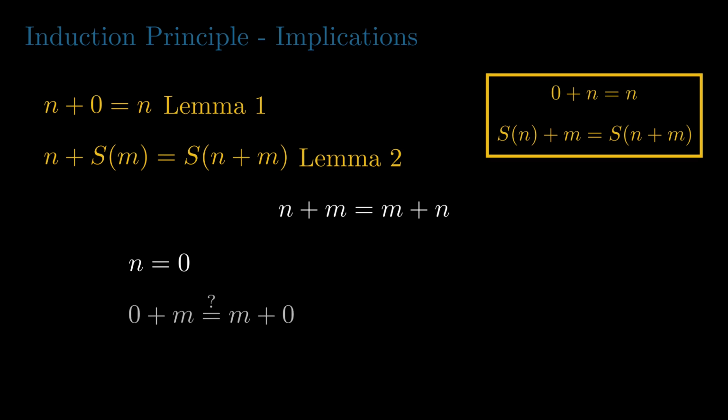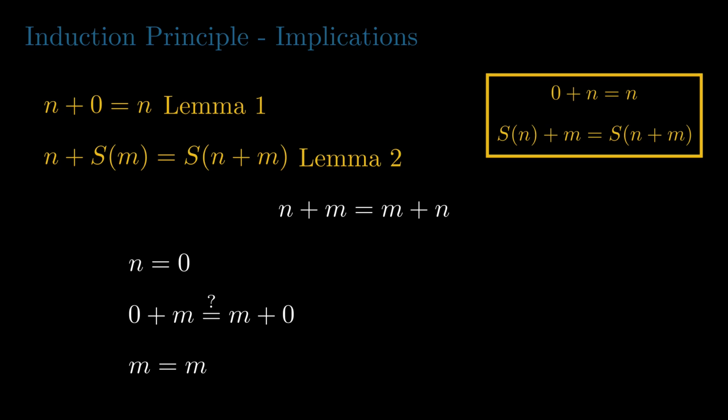The commutative property becomes 0 plus m equals m plus 0. Is it true? Well, the left term is, by definition, summing starting from 0. The right term, by the first lemma, is again m, so the property is true for n equals 0.